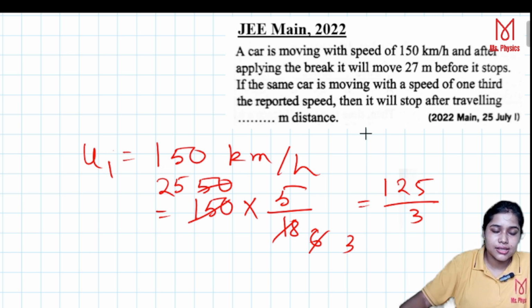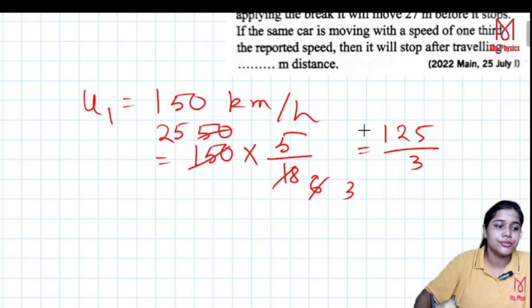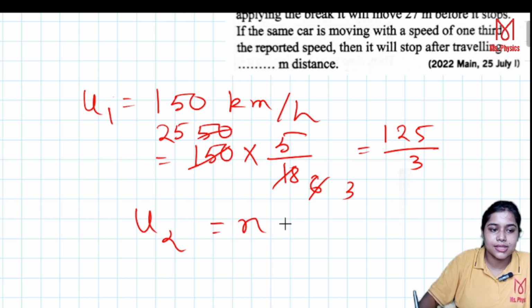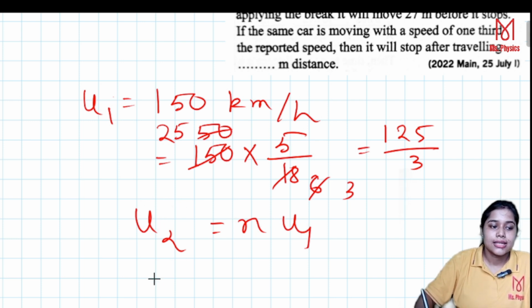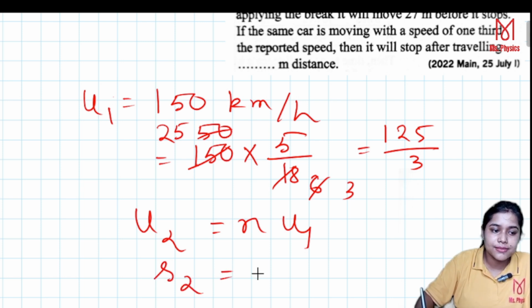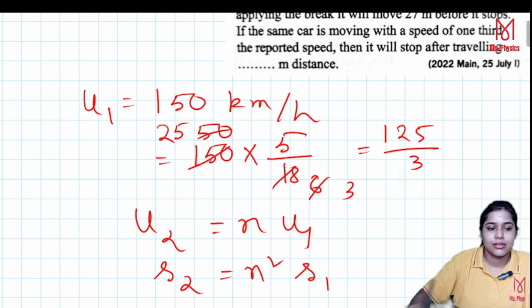Now here is a short trick. Let me tell you that if the final velocity becomes n times the initial velocity, this final velocity u2, then the final distance becomes n square times the initial distance.